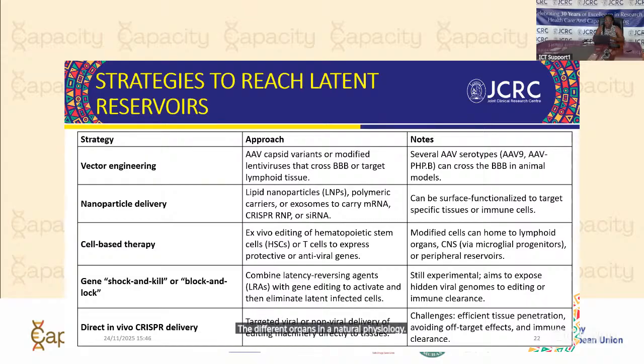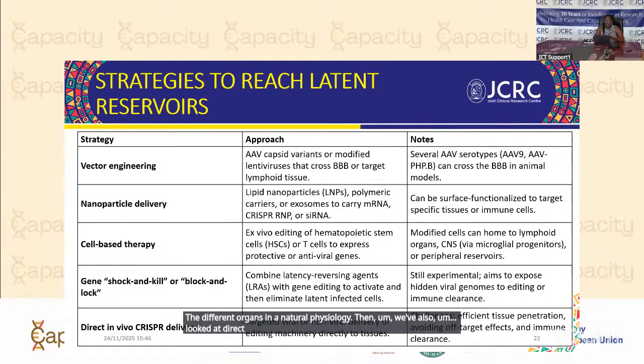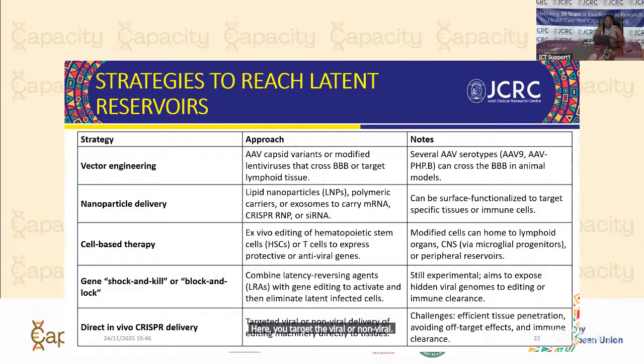Then we've also looked at direct in vivo CRISPR delivery. Here you target the viral or non-viral delivery of editing machinery directly to the tissues. The problem here is tissue penetration, avoiding off targets, and immune clearance. So this is work that is ongoing in order for us to see how to make it better.